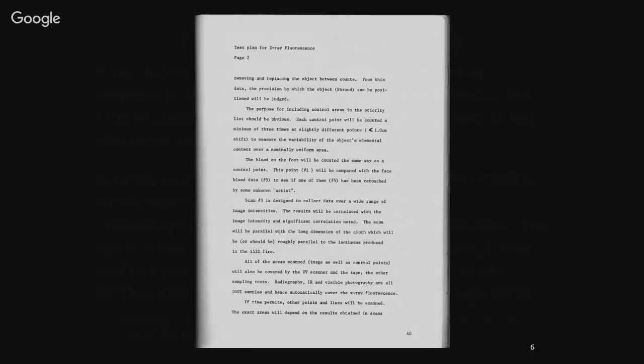The purpose for including the control areas in the list of priorities that will be shown will be obvious. Each control point will be counted a minimum of 3 times at slightly different points to measure the variability of the object's elemental content over a nominally uniform area.